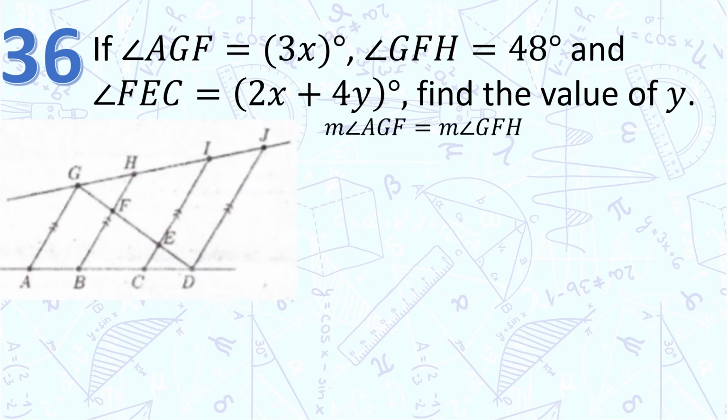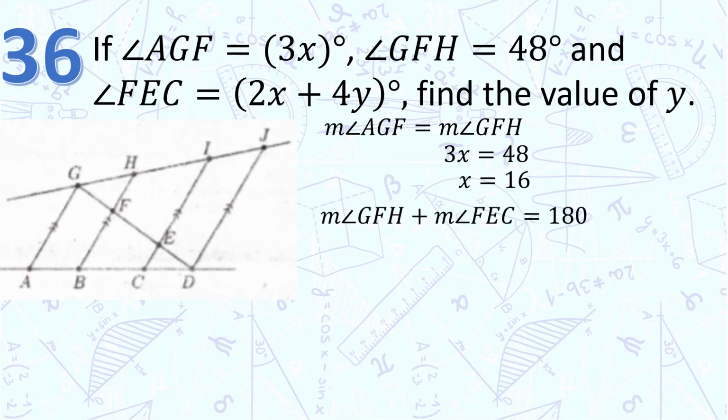The measure of angle AGF is equal to the measure of angle GFH, since AGF and GFH are alternate interior angles. Therefore we have 3x is equal to 48 and x is equal to 16.